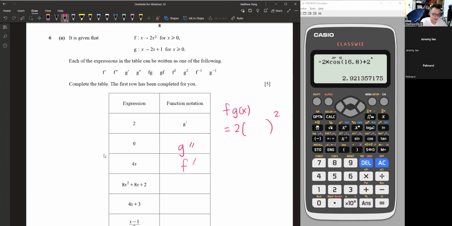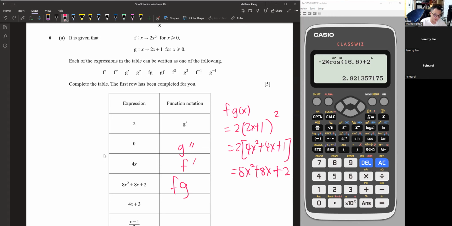My gx is 2x plus 1, isn't it? If I expand this one, I get 4x squared plus 4x plus 1. Expand it, I should get ax squared plus ax plus 2, isn't it? So it's exactly what they want. So this is FG.